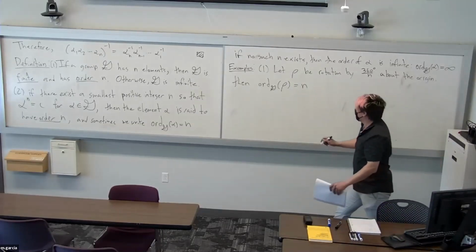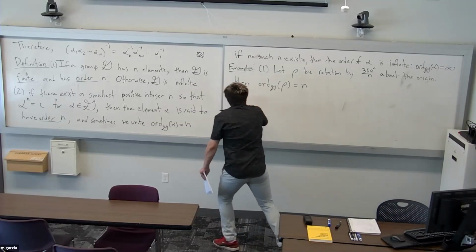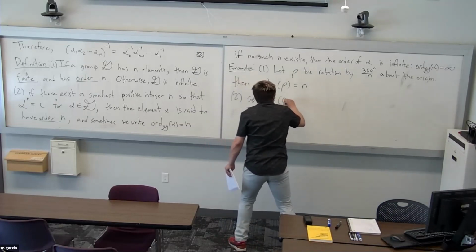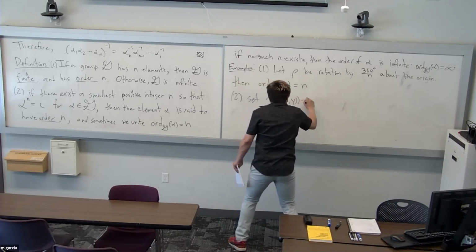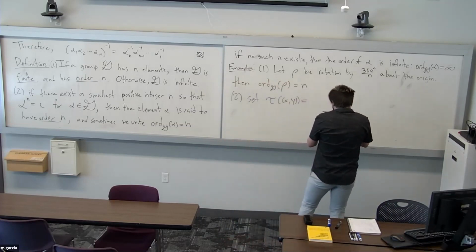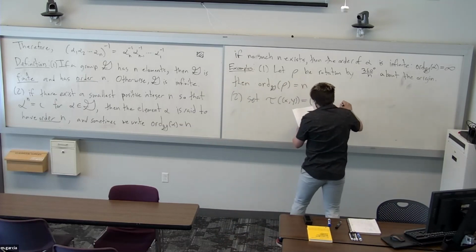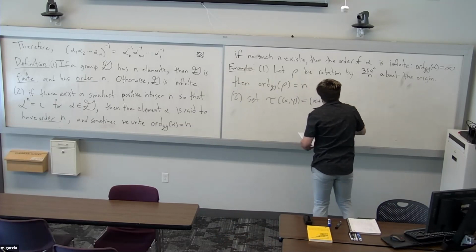So, let me ask you this. Let's set tau of x comma y equal to x plus 1 comma y.